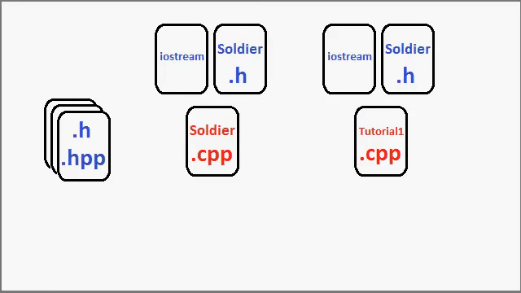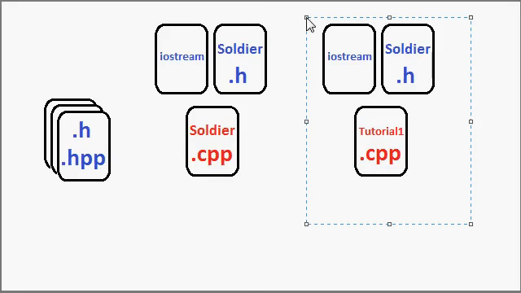Well, in that case, you will need to include iostream once again for the soldier.cpp file. And again, it would not be enough the fact that you included it already in some other translation unit, because each source file is a separate world that gets compiled totally separately from any other source files.